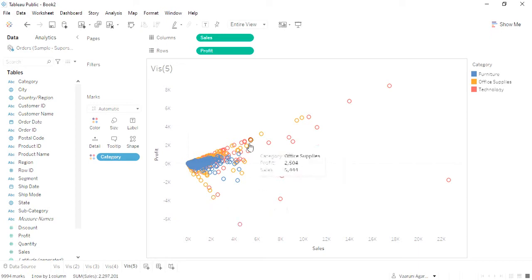Third we have technology, which is actually the most spread category, and you can see it's giving us the maximum profit and the maximum sales as well, although we are not getting any profit from the maximum sales that we have made. Still, the maximum sales lie in the technology category, and the most loss, or the least profit, also lies in the technology category.